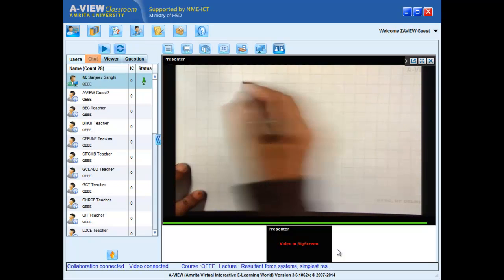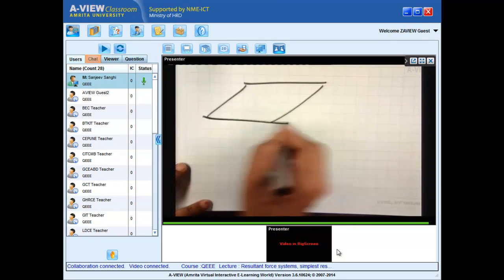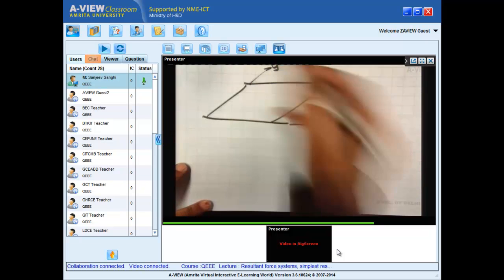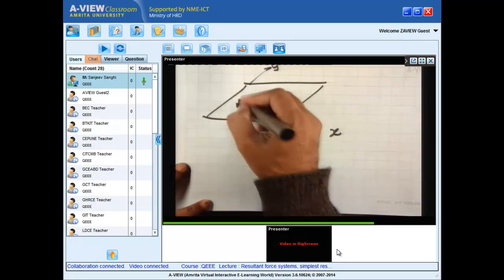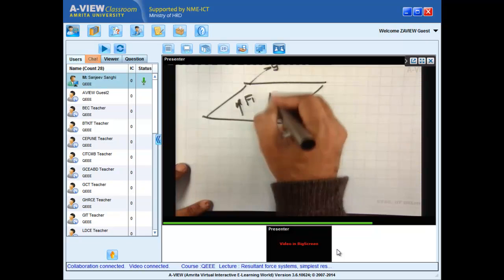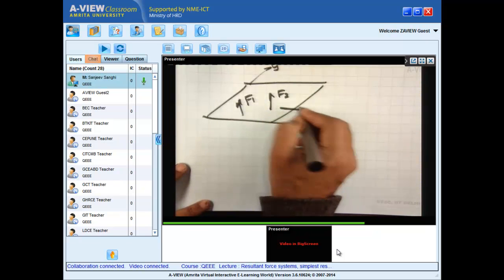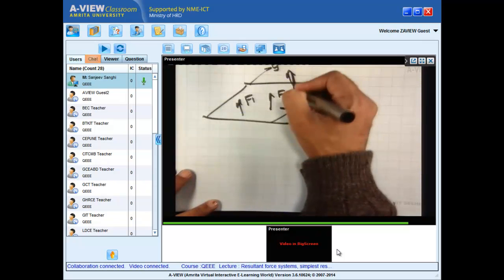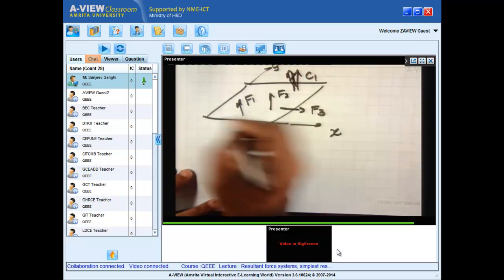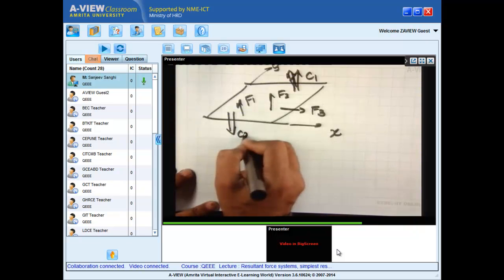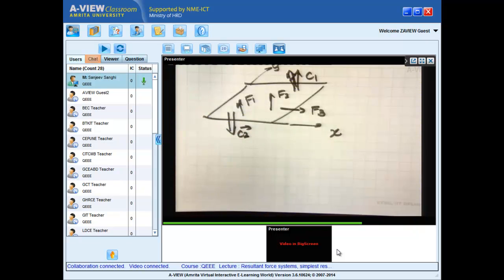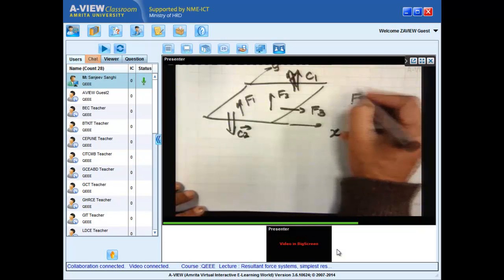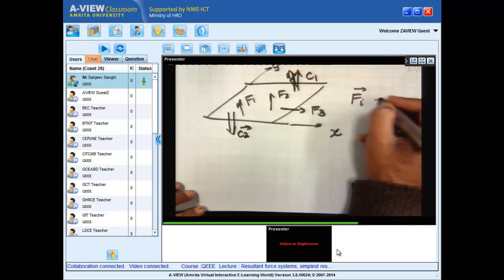So let us look at it. Let's say this is our plane, this is x, this is y. So we have a force F1 acting here, a force F2, a force F3, and so on. And if there is any couple, then the couple has to be perpendicular to this plane, C1, C2. So they are along the z-axis.